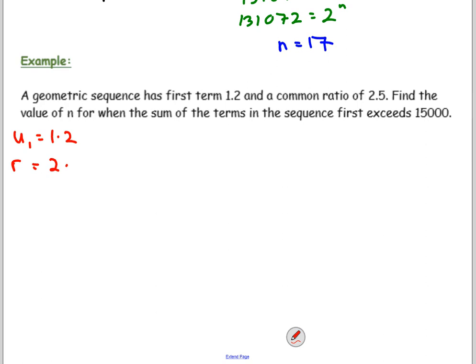Find the value of n, so n equals question mark, for when the sum of the terms is greater than 15,000. You could write S of n is greater than 15,000, or, to start with, we need to set it equal to 15,000, and then we probably will need to round n up, because it'll be the next term.